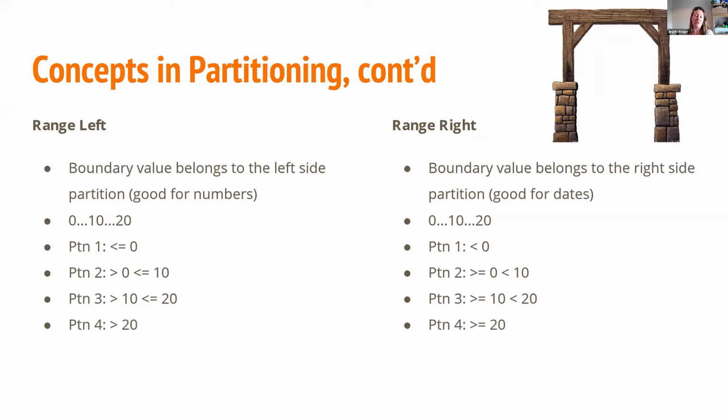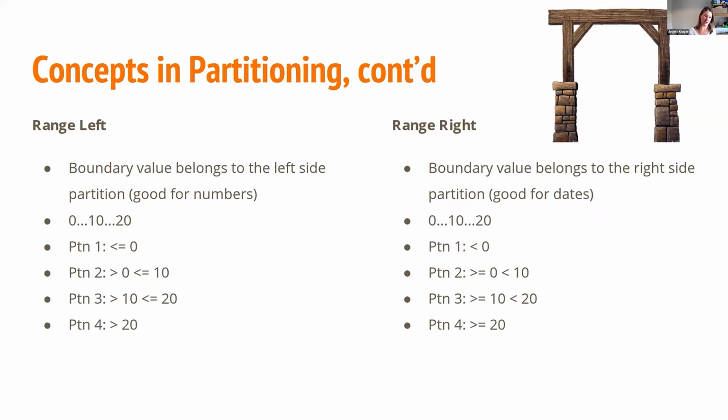So I'll just use some numbers here just to make it easier to read, make it simpler. And I've compared a range left and a range right. So we've got 3 boundaries in this case. We have 0, 10, 20. It's nice and simple. So in both cases, if you have a key that is less than 0, where's it going to fall?